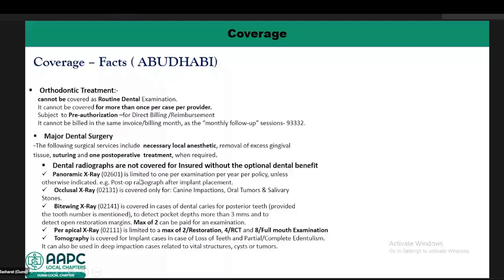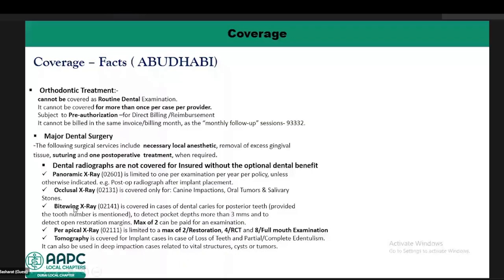The bitewing is covered in case of dental caries for posterior teeth, provided that the tooth number is mentioned to detect the pocket. Now, as I mentioned before, if the patient is having pain and the doctor takes the X-ray but doesn't find any caries, in that case the claim is rejected and your coder needs to resubmit it.